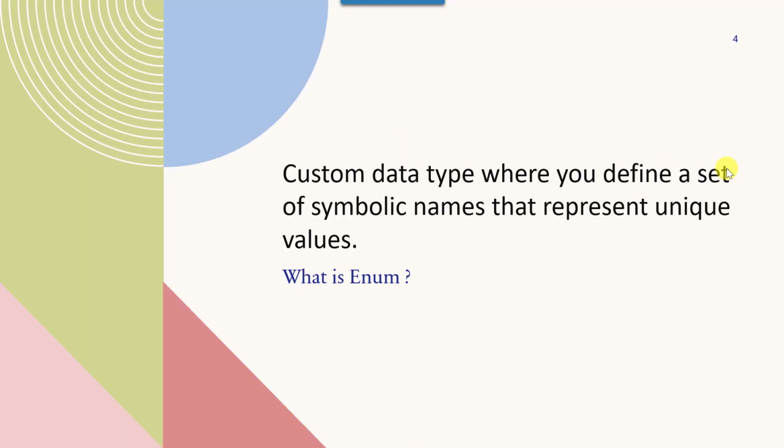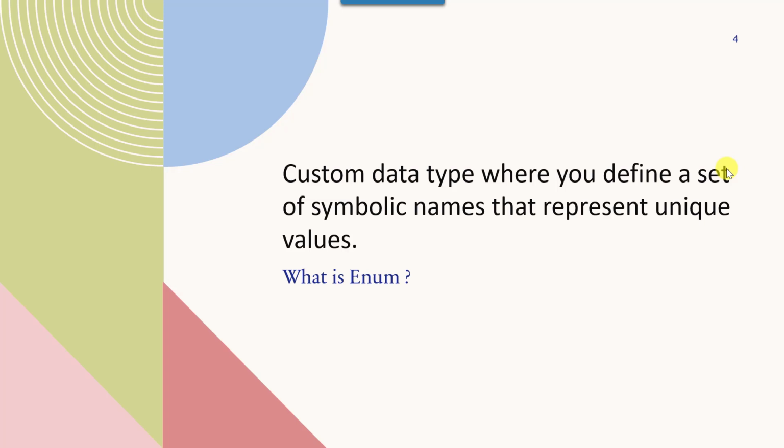Enums are handy because they make your code clearer and safer. Clearer because you are using meaningful labels instead of random numbers or strings, and safer because you can't accidentally use a wrong label that doesn't belong to a particular enum.